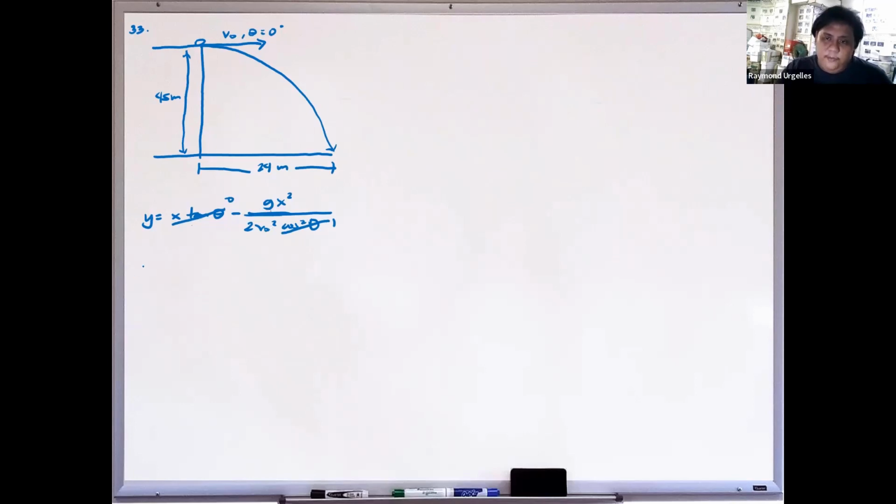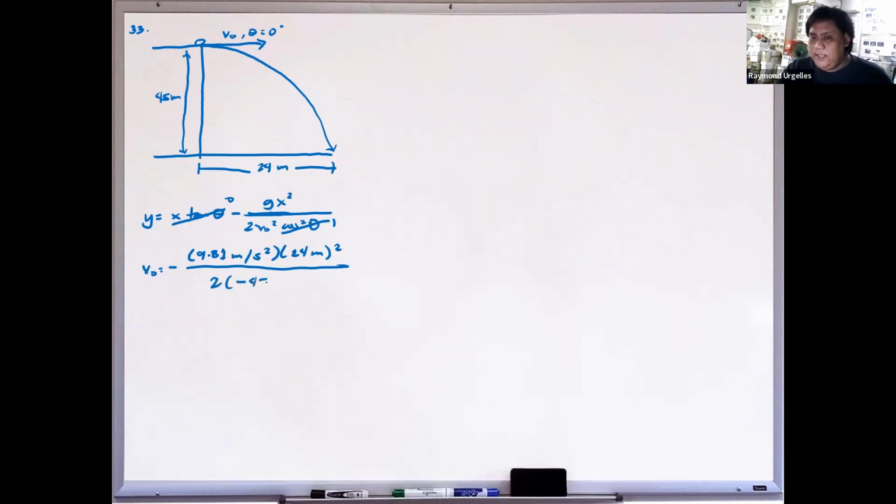the initial velocity, v naught, will be the square root of negative g, the acceleration due to gravity, so let's use 9.81 meters per second squared, times x squared, where x is 24 meters, divided by 2 times y. The v naught squared we move to the other side, and y replaces it, which is 45 meters.